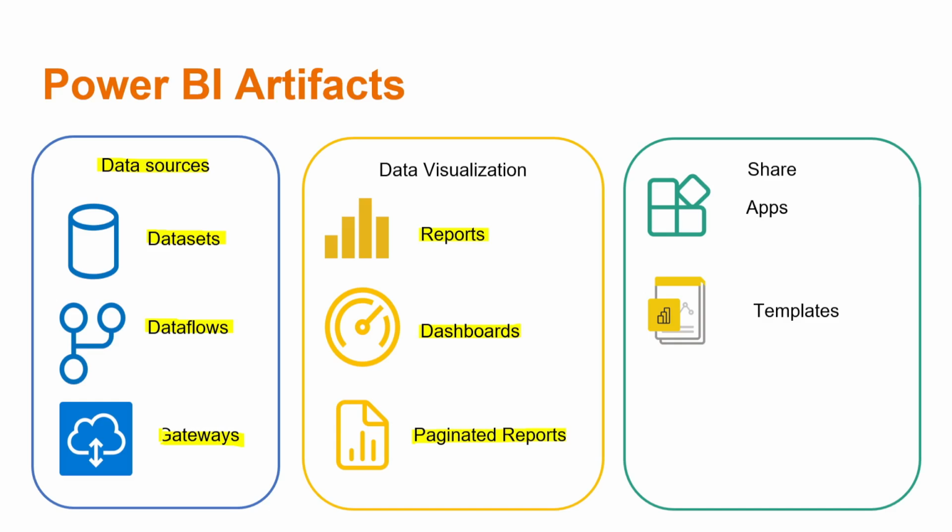It can be a virtual machine, or it can be a separate computer which you are using. On that you will install the Power BI gateway, and this will tell us how to connect to that on-premise data source.